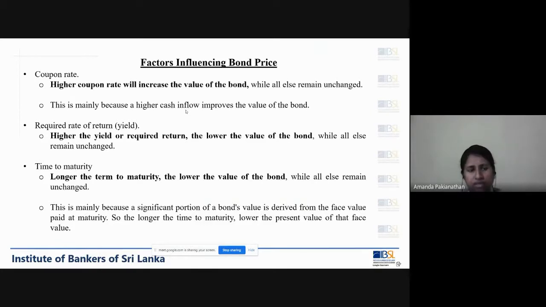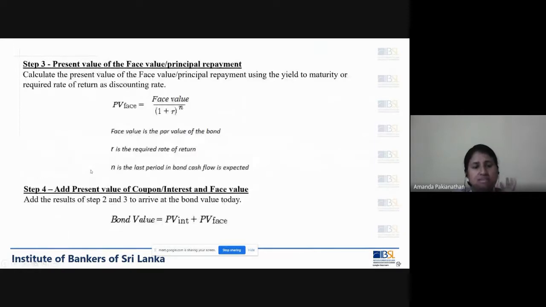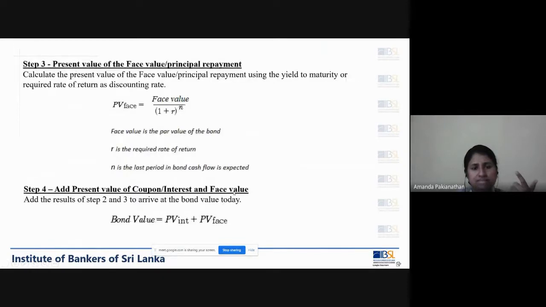Okay. Now even when you look at the formula, you can see three. In this formula, step 2 and step 3 are the biggest components. So you have three factors determining the value of the bond. Coupon payment amount, then you have the tenor, how long is it going to be, and then can the face value be different?